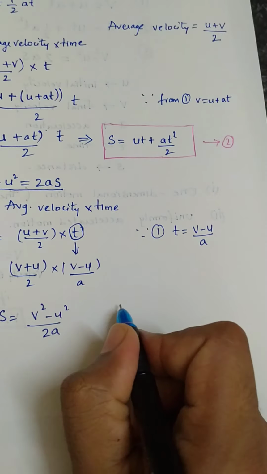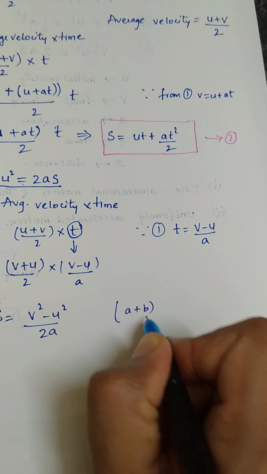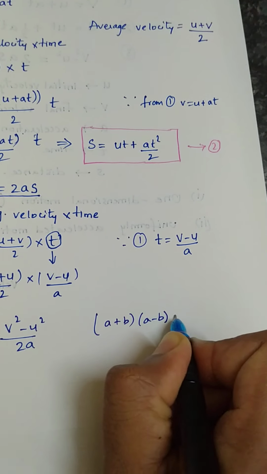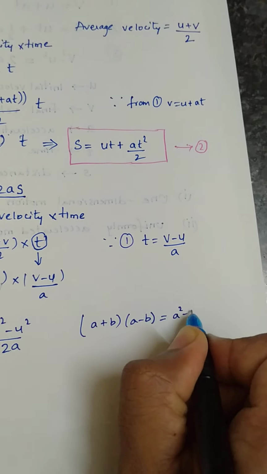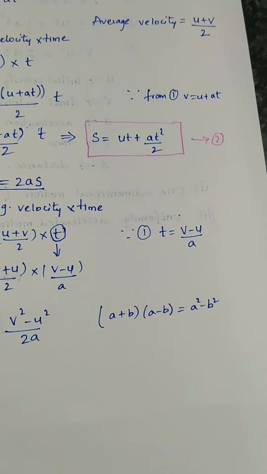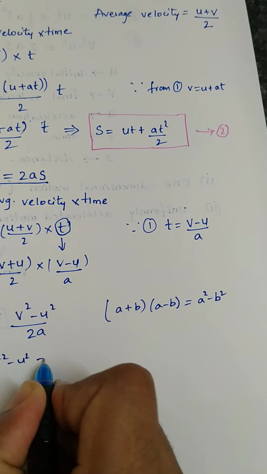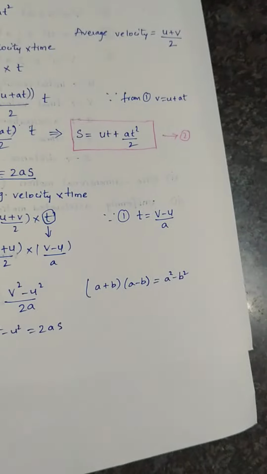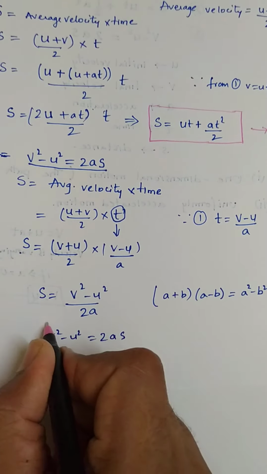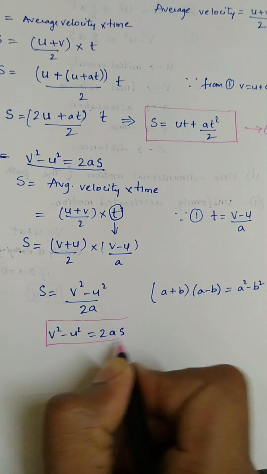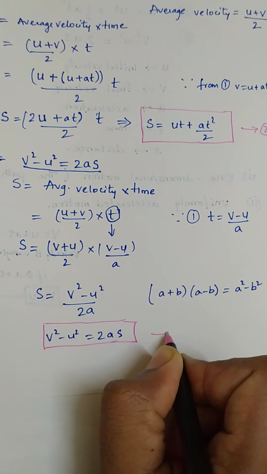How did I get this? This is nothing but (a plus b) into (a minus b) is a square minus b square. So v square minus u square is equal to 2as. So this is the simplest derivation for your three equations of motion.